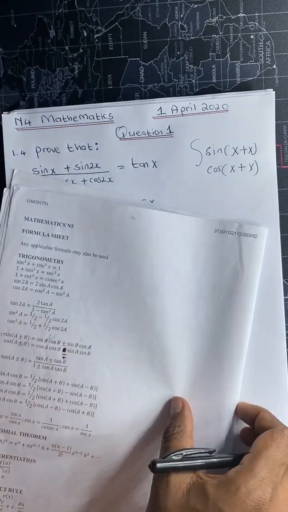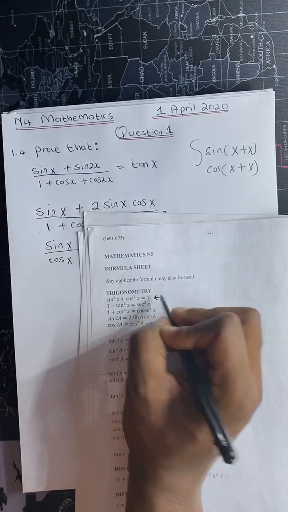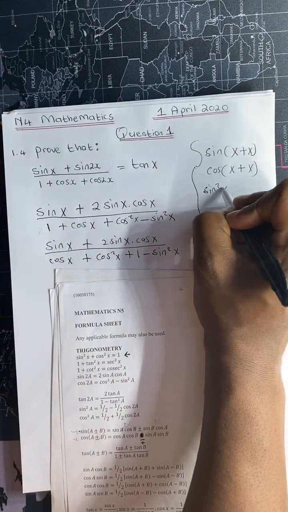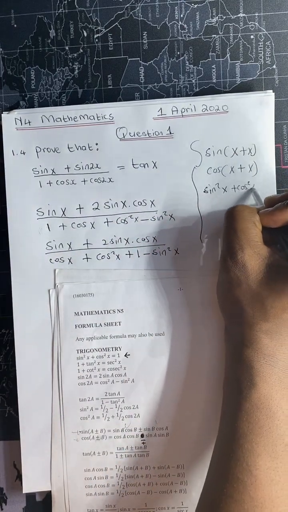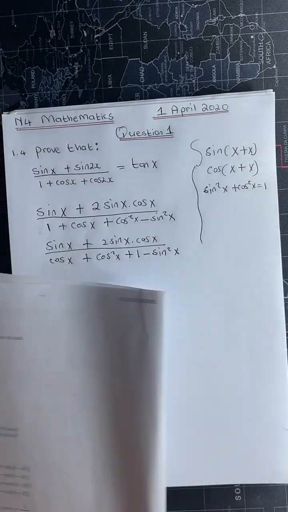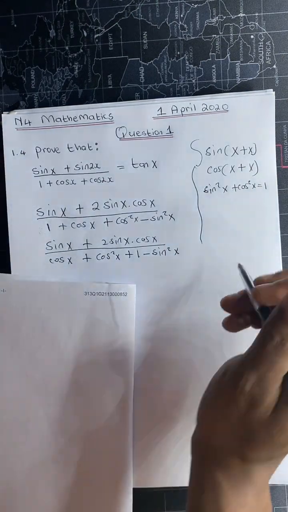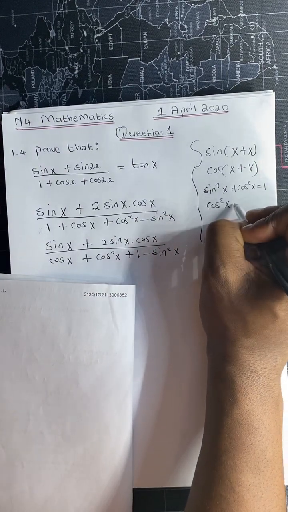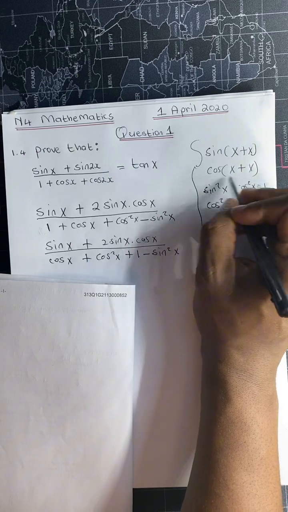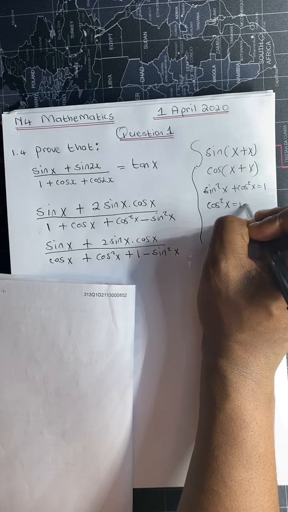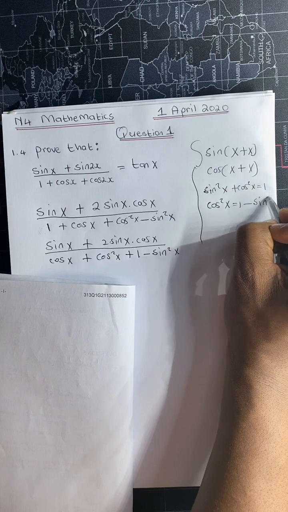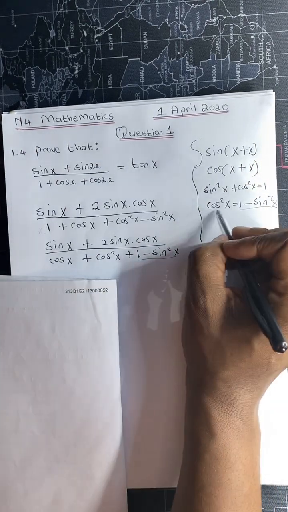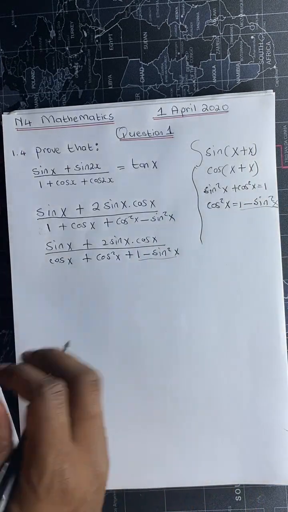This time around we'll use that first one: sin squared x plus cos squared x is equal to 1. So from here we make cos squared x the subject of the formula by taking this sin squared x to the right. It's going to change sign from sin squared x to negative sin squared x. So we have 1 minus sin squared x.